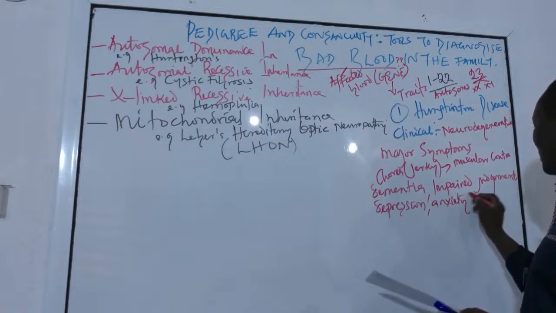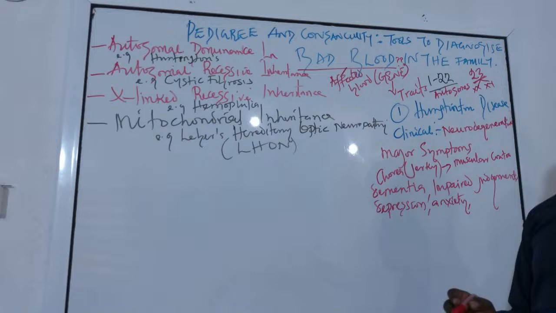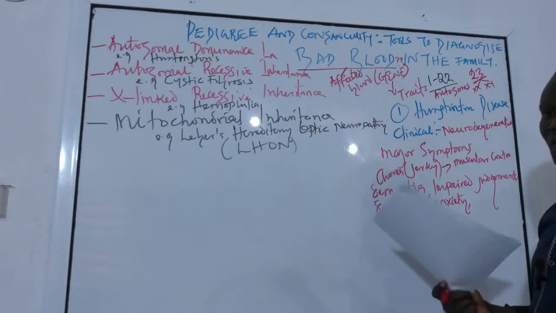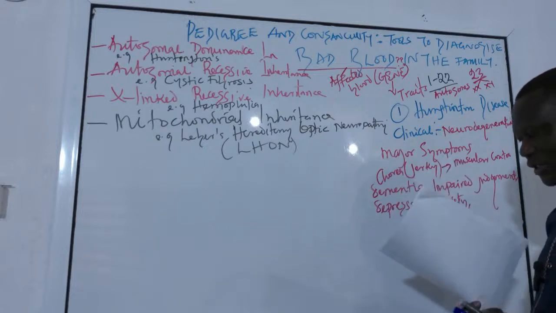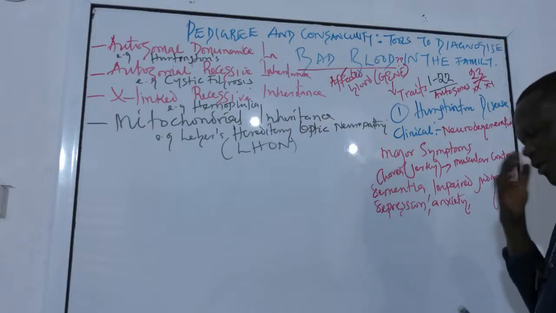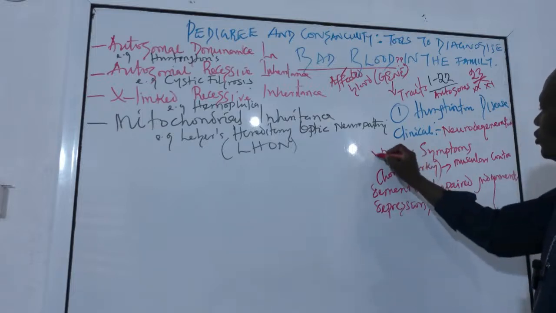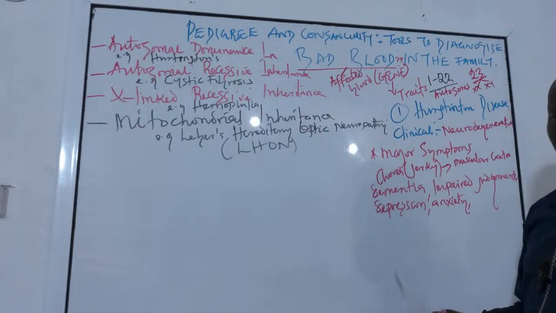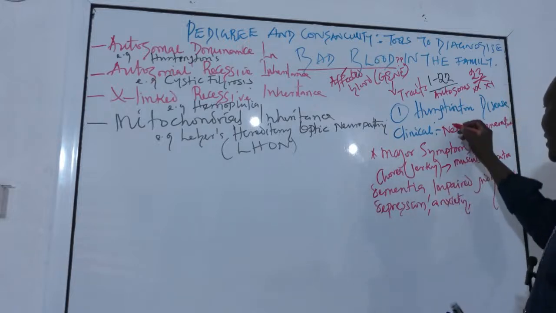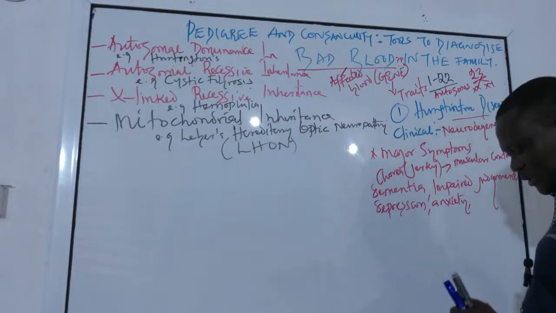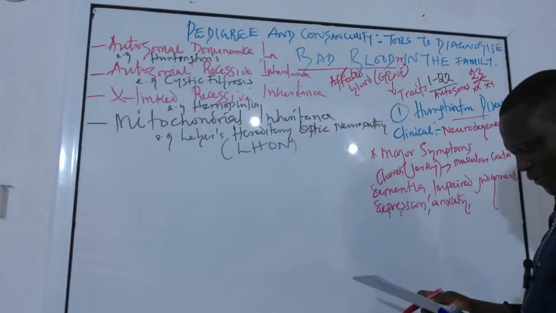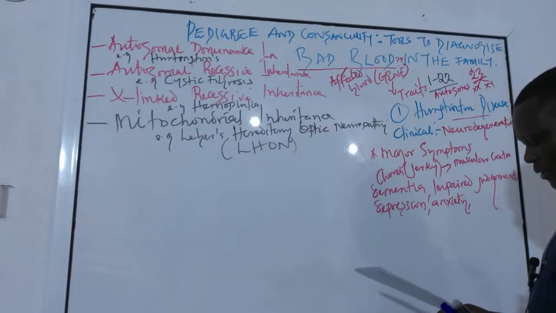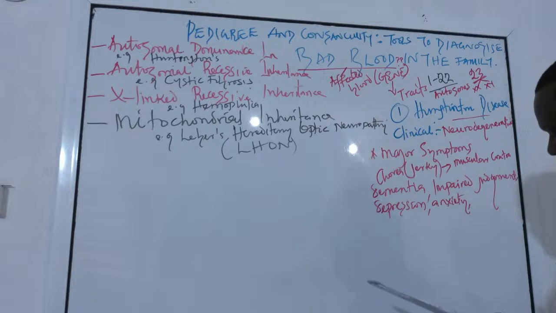Every time the person will just be anxious. Oh, why can't you do it this way? The person will be so anxious, because these are some of the clinical symptoms that we see in people with Huntington disease.